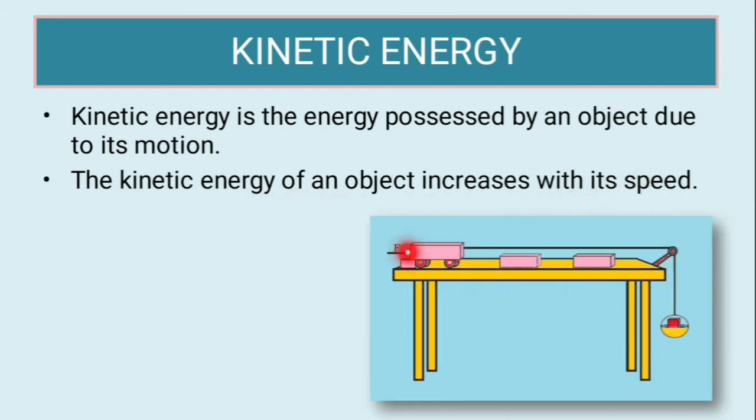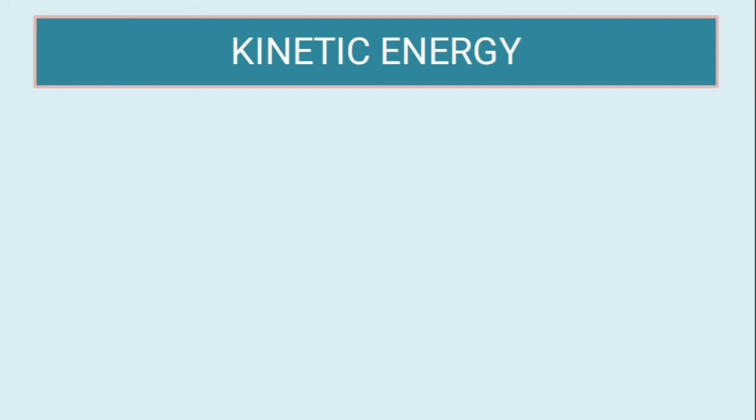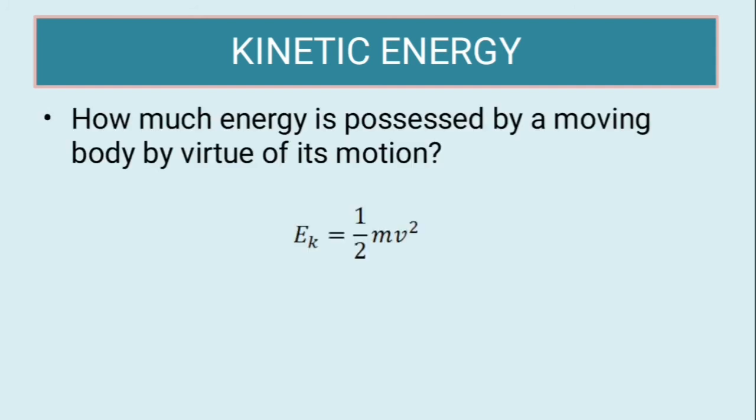For example, if this is the arrangement that I do in my lab, and if I place a certain weight onto this, okay, now if I place more and more weight, its velocity is going to increase, and thus if velocity increases, then you can easily find out how kinetic energy is increasing. Okay, so it's easy. You have to simply use the formula for kinetic energy, which is half mv square.